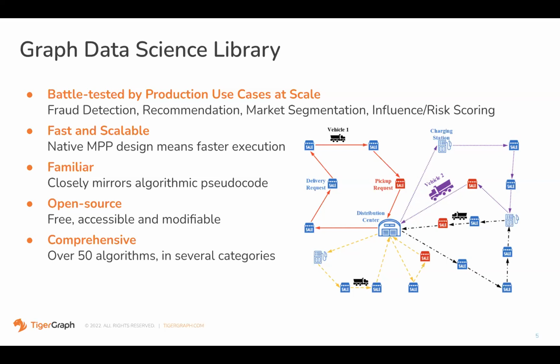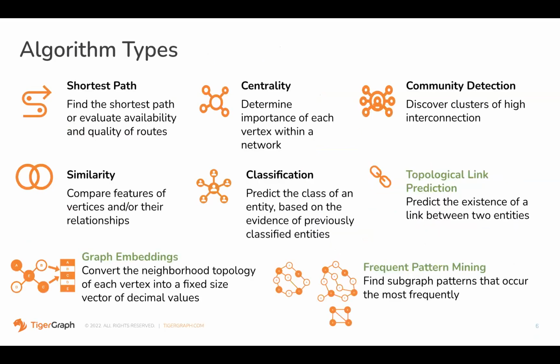They are free and open source, which means you can trace how these algorithms are implemented. Our algorithms are designed to work out of the box with your graph data set, and you have the freedom to further modify them to better suit your use case when needed. To double click into the Graph Data Science Library, we organize our algorithms into 8 different categories.